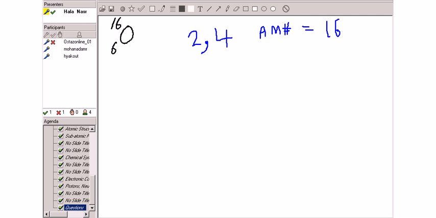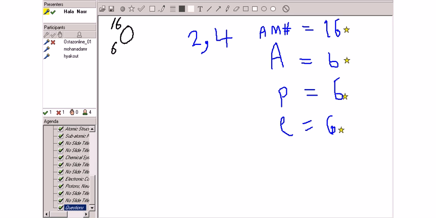Is it right? Well. Now it's right, because we said the number of electrons is equal to the number of protons.